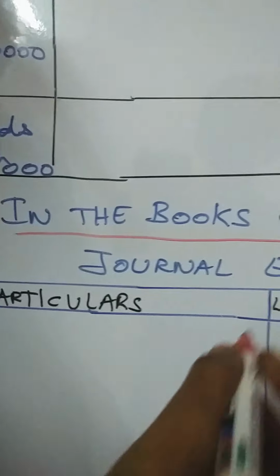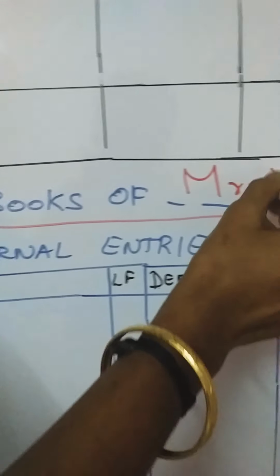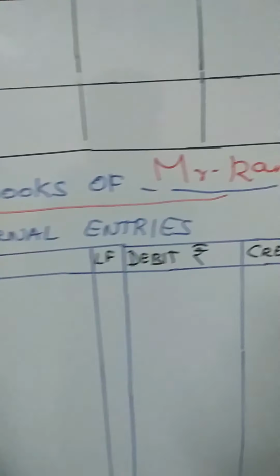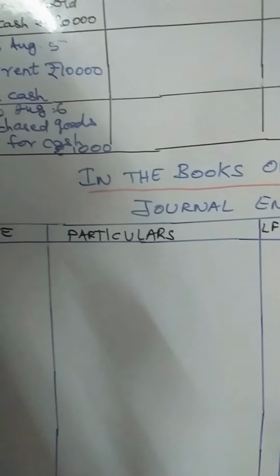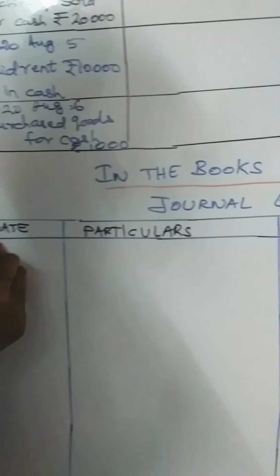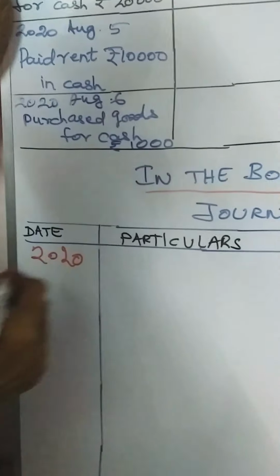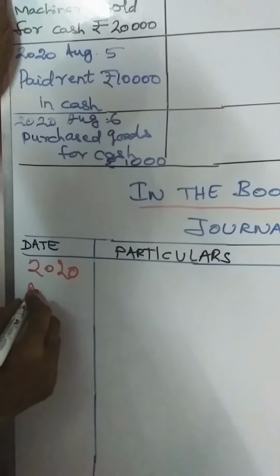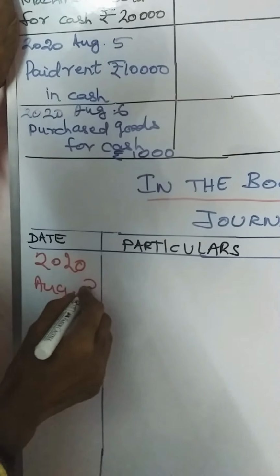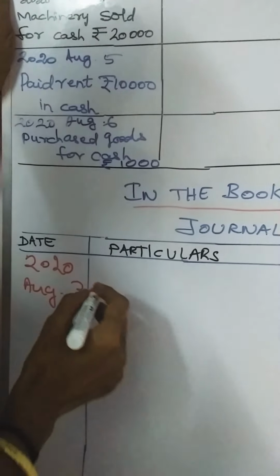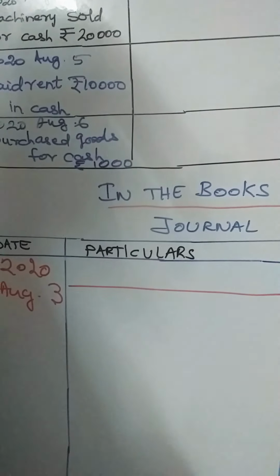First you have to give the heading, in the books of Mr. Ram, Journal entries. Date. When you are mentioning the date, first you have to mention the year, then you have to mention the month and date. The first row, we call it the debit row.